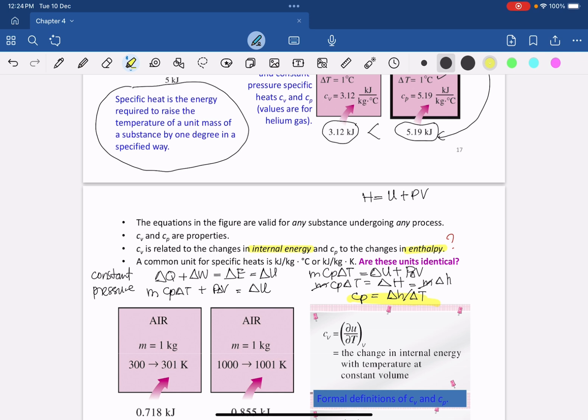And just now, Cv is with only internal energy. Cv is delta U over dT, while Cp equals delta H over dT. So we have two relations here. The first one is Cv and internal energy, while Cp is enthalpy.